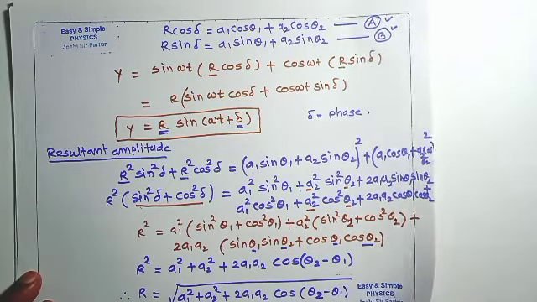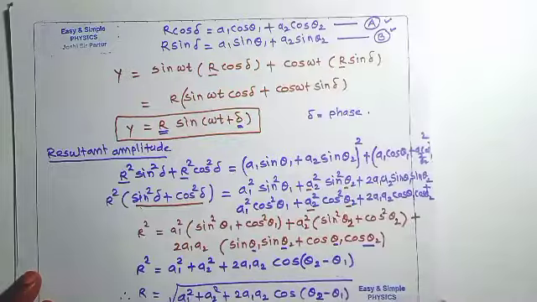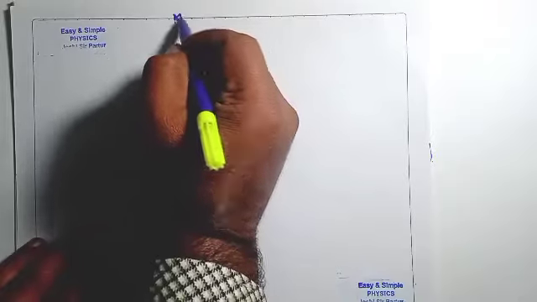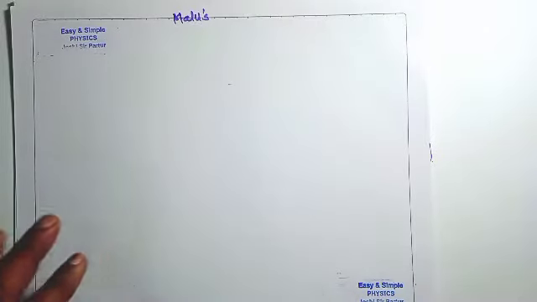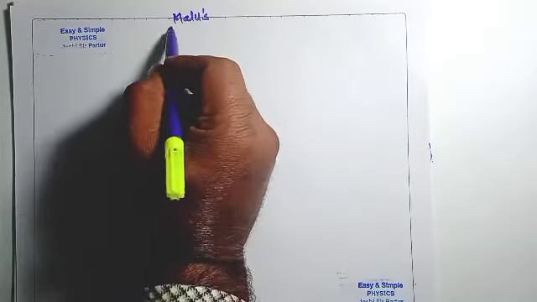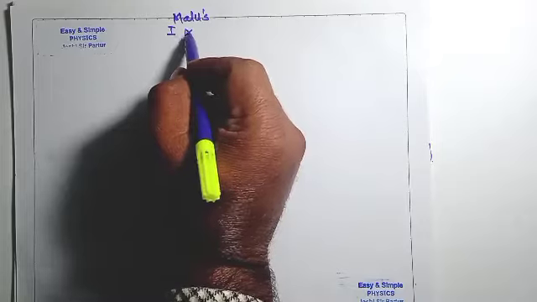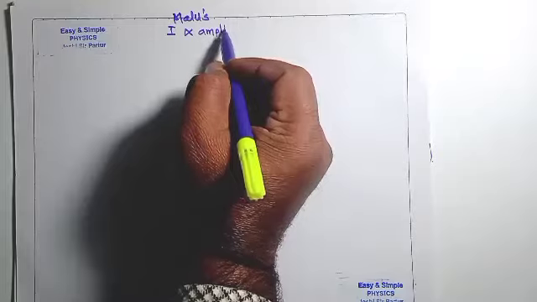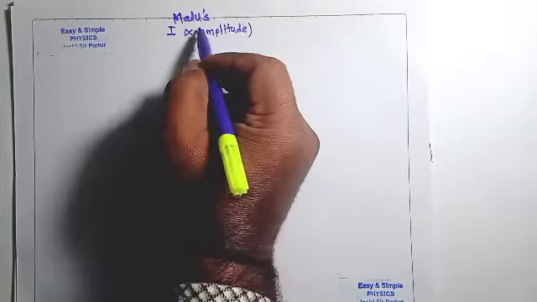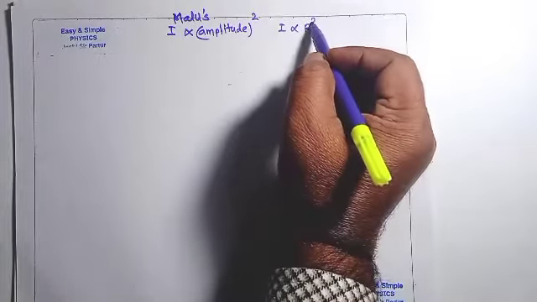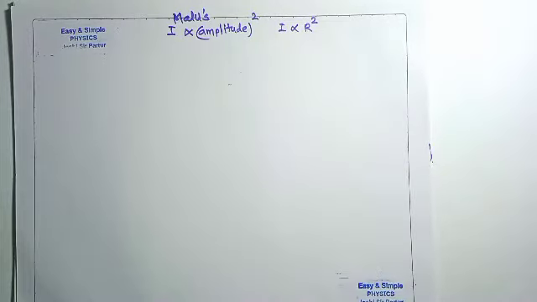Using this rule, we have seen the rule given by Malus. The intensity of light will be directly proportional to amplitude square, meaning intensity will be directly proportional to r square.